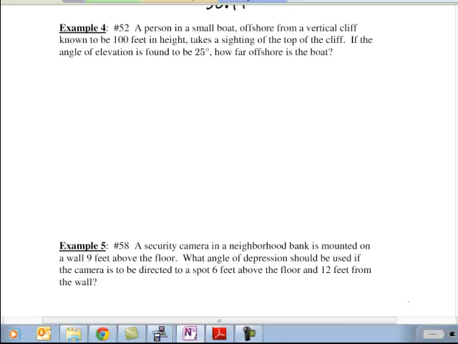If the angle of elevation is found to be 25 degrees, how far offshore is the boat? One new word here is angle of elevation. That's always measured from the horizontal line of sight upward.